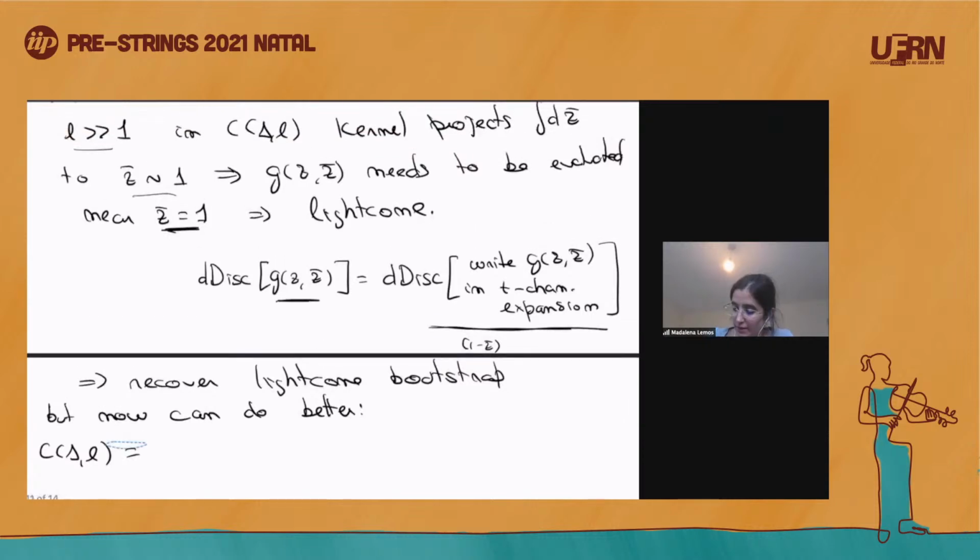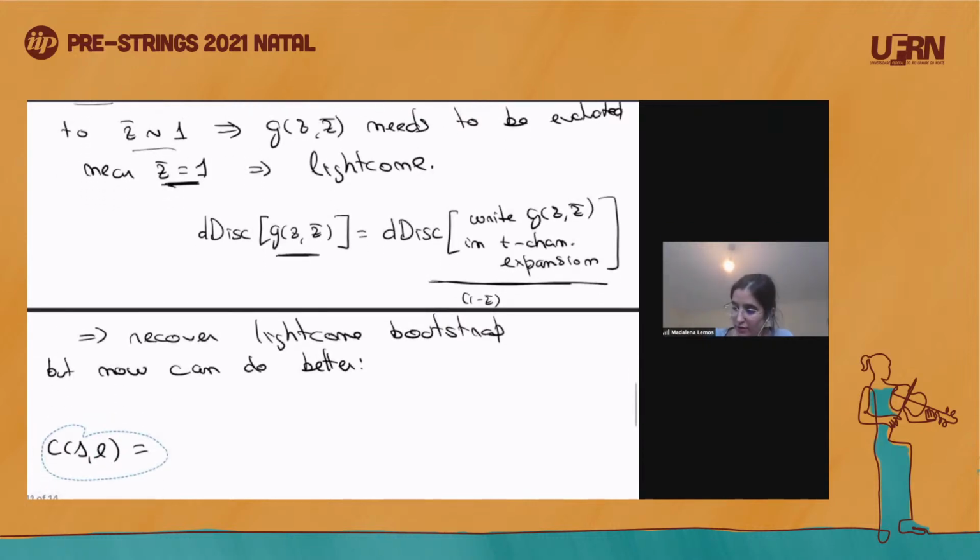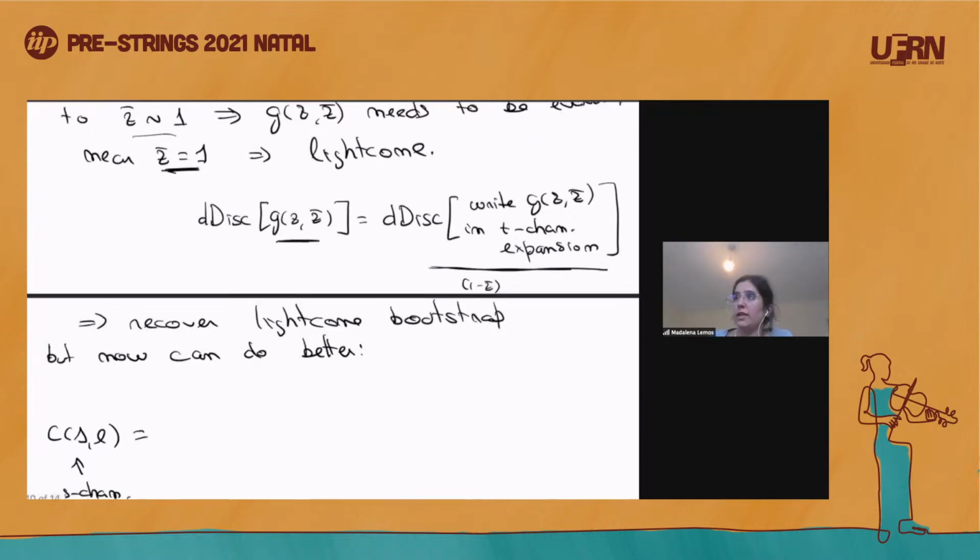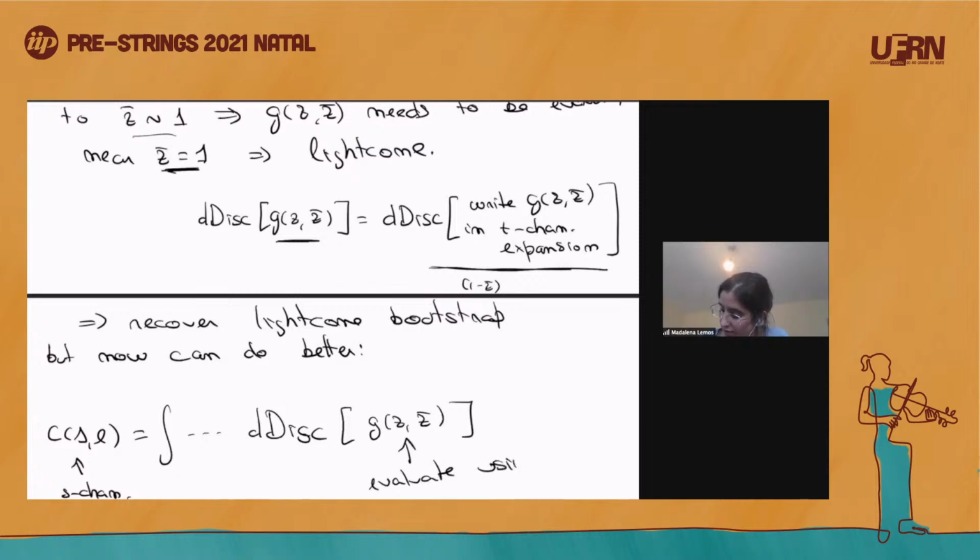We can just do the following. I was inverting the S-channel OPE, so I get the S-channel OPE data in terms of some integration of the double discontinuity of the correlator that I now compute using the T-channel.